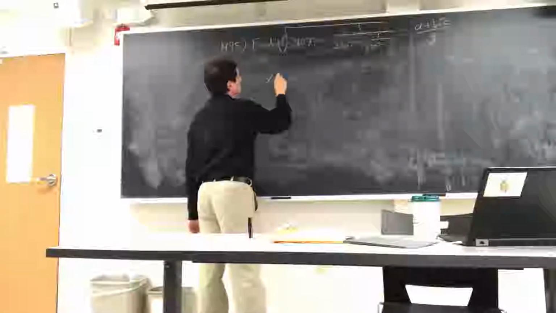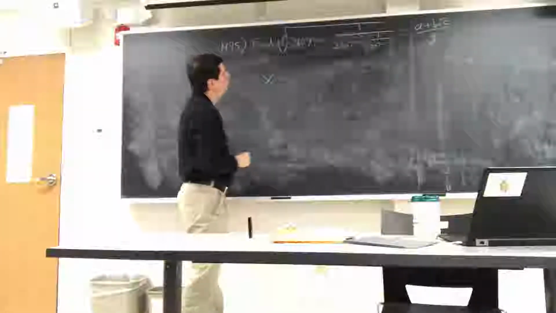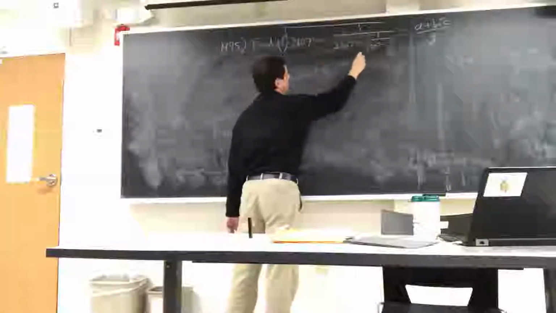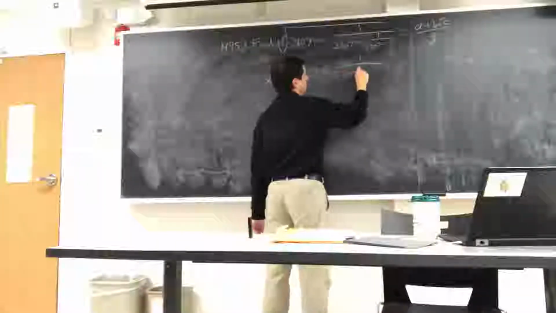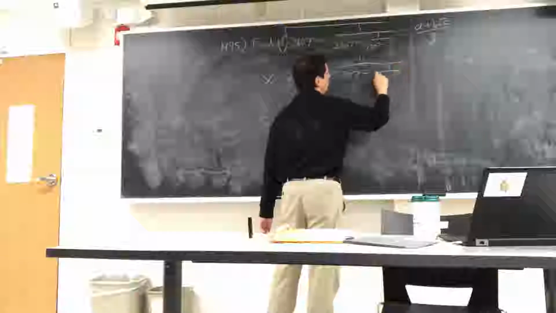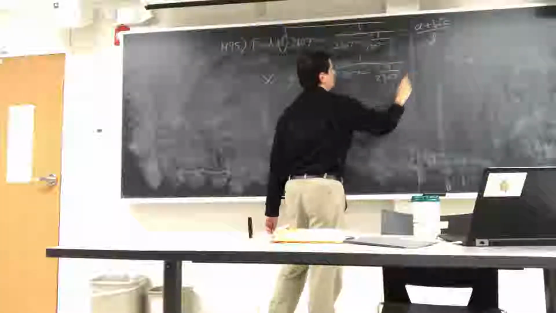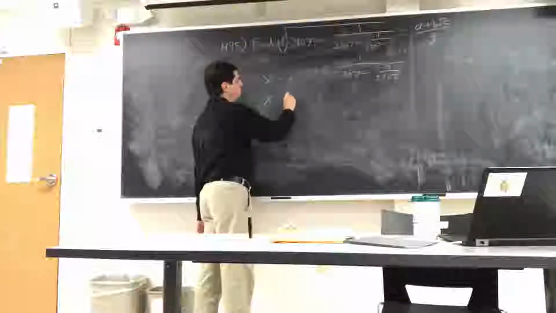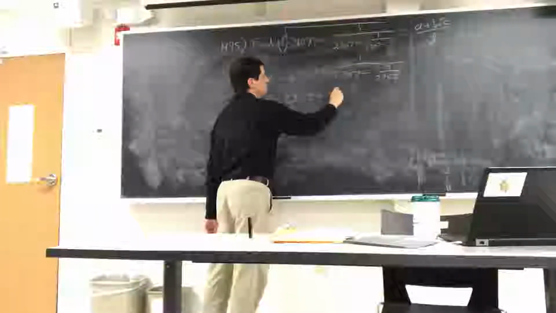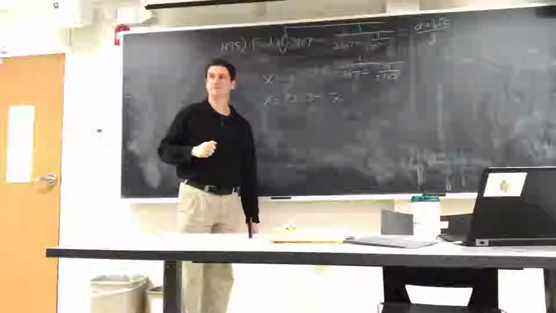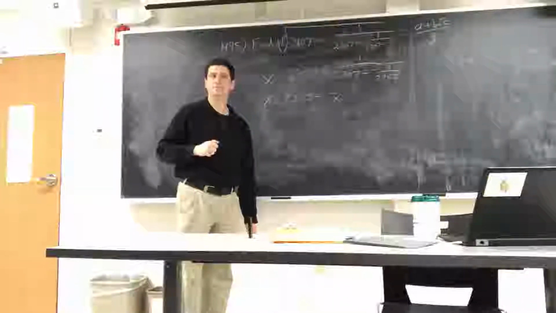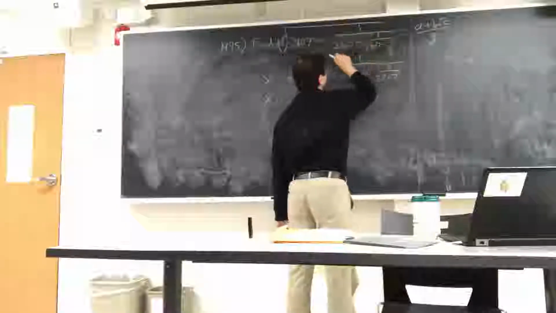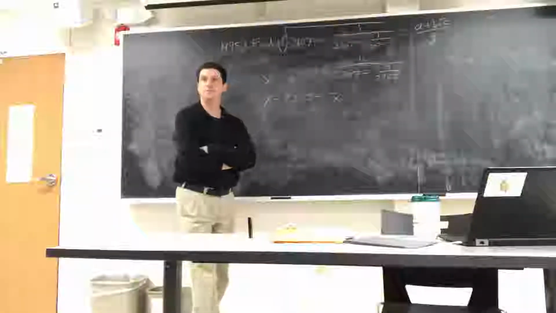Good. So I would say let X equal 2207 minus 1 over 2207 minus 1 over 2207. So let's let X be that whole expression. And then you immediately get X equals 2207 minus 1 over X, because this part over here is just X again.